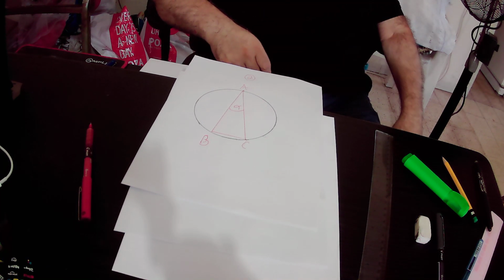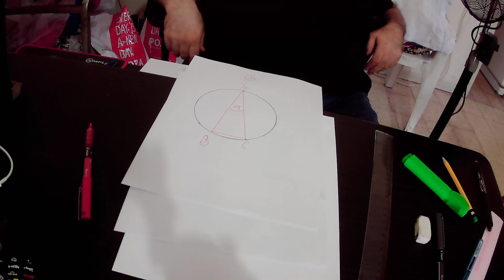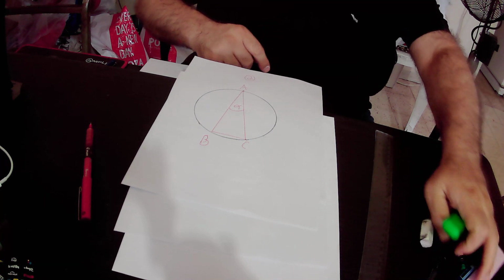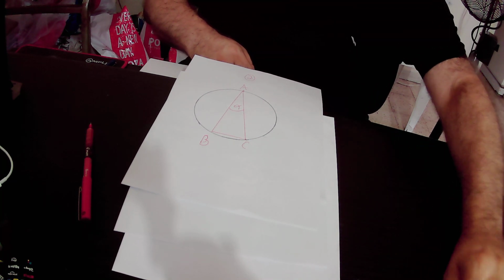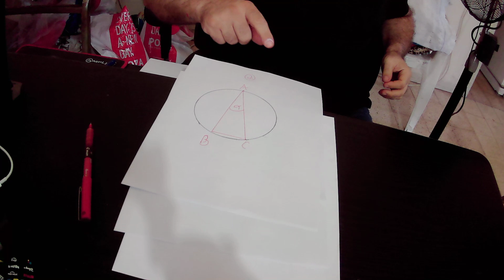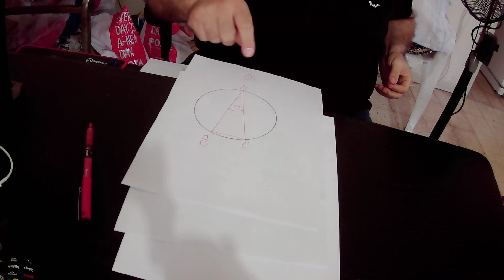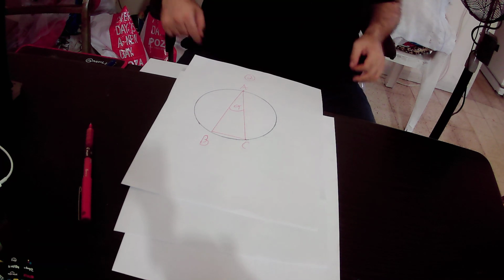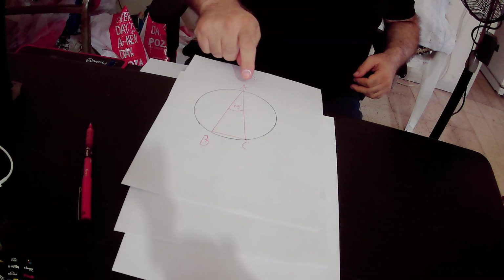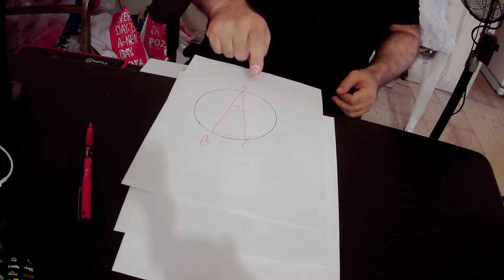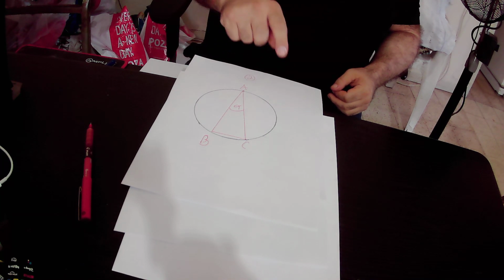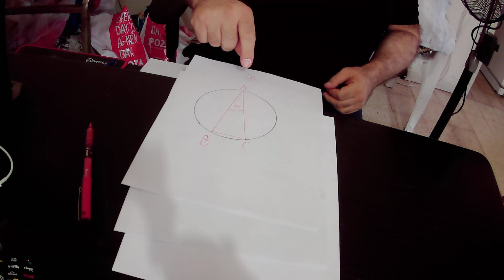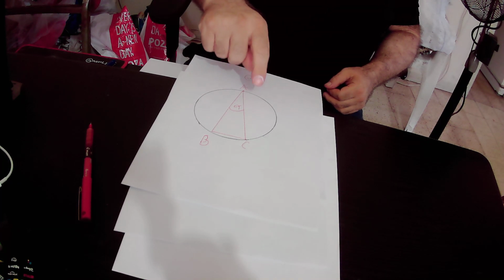As you can see, the angle alpha is inside the circle, and the vertex of angle alpha is at point A, and point A is on the circle, and the arms of angle alpha are chords in the circle.